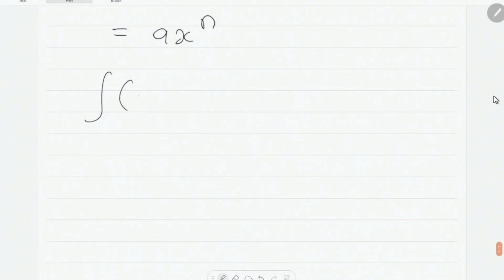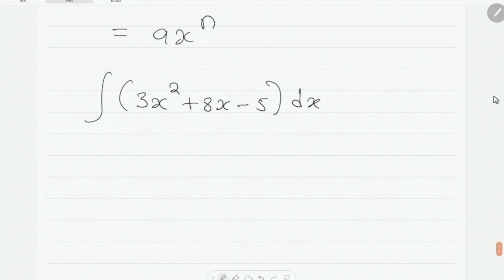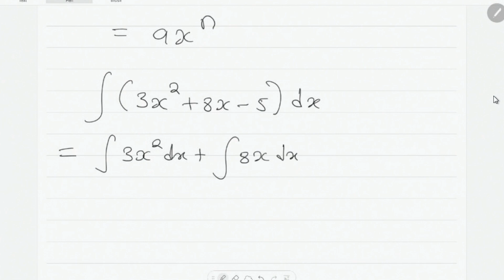Our question is 3x squared plus 8x minus 5 dx. This gives us the integral of 3x squared dx plus the integral of 8x dx, minus the integral of 5 dx.